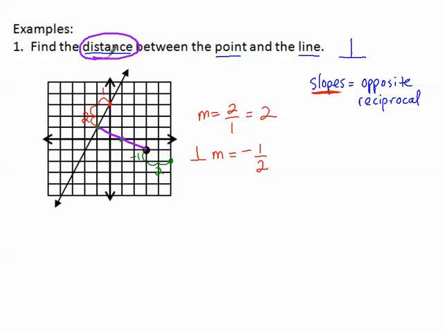The distance, remember we think length. So I made the segment that's perpendicular to the line. Now I need to find the length of that segment. So to find the length, I can think of the square root of how much I go up and down squared plus how much I go over squared.